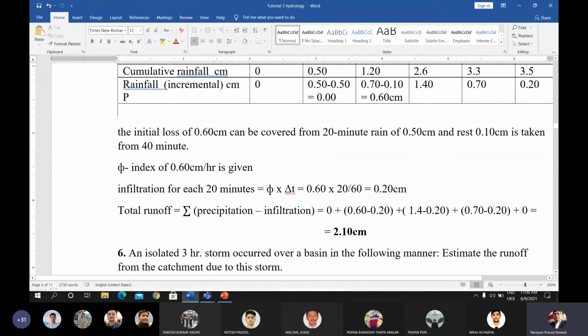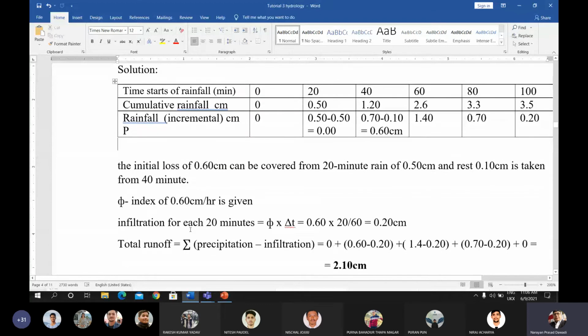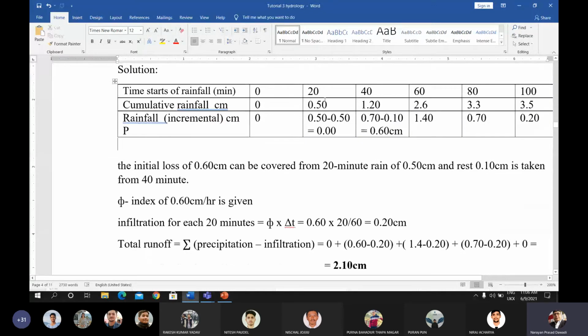So the total depth of runoff will be the depth of rainfall minus the depth of infiltration for each interval. For the initial 20 minutes, the depth of rainfall is 0, which does not produce runoff, so it is 0.